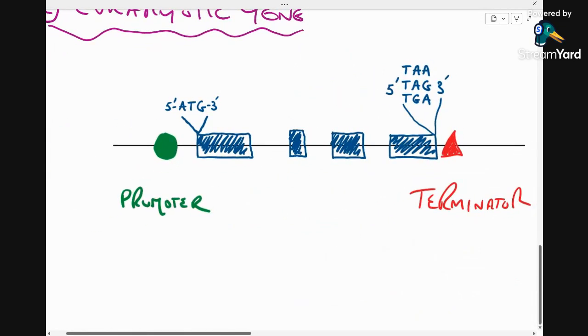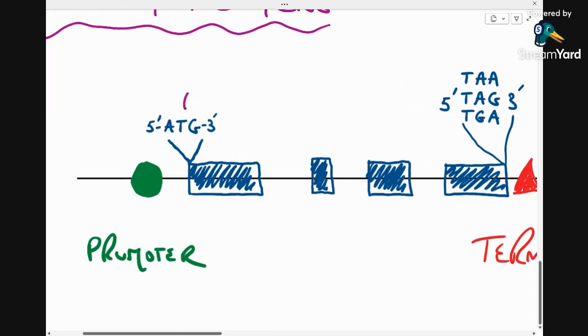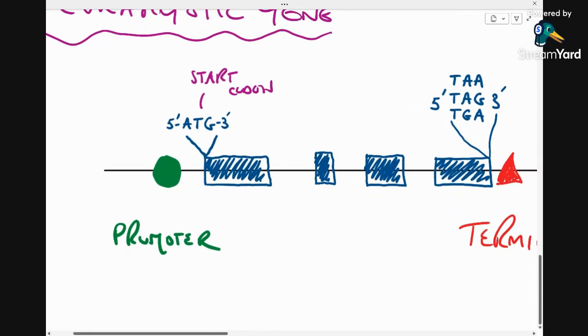And these, of course, are the codons. So if I do that in purple here, this is the start codon, which is different to the promoter. The start codon, don't forget, is the triplet of bases in DNA or the codon in RNA that is the first amino acid that the ribosome is going to put in. So ATG codes for methionine, which will be the first amino acid placed into the protein primary sequence.